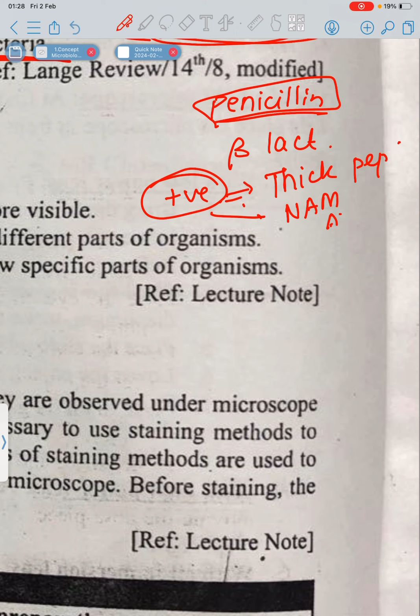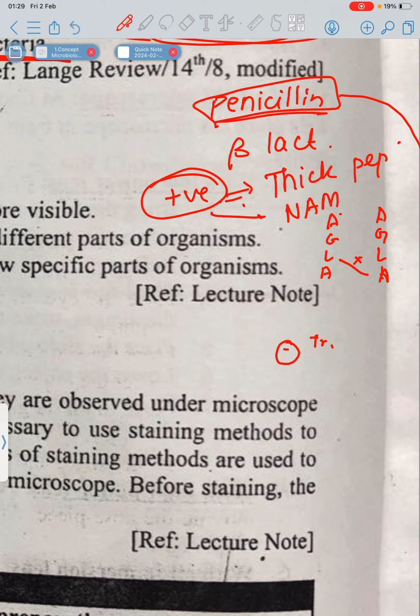In NAM there is AGLA. This L and A are connected by a transpeptide bond 1 2 3 4 5, and transpeptidase enzyme is used. And I said penicillin inhibits this transpeptidase enzyme, right? So for penicillin to act, it will inhibit transpeptidase enzyme. When it inhibits transpeptidase enzyme, this process does not occur, this cross linking does not occur.